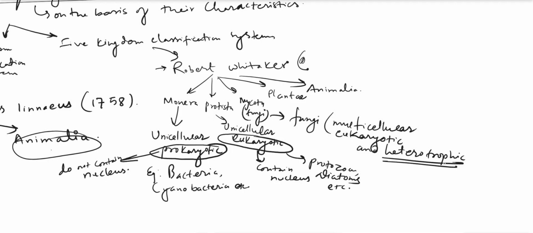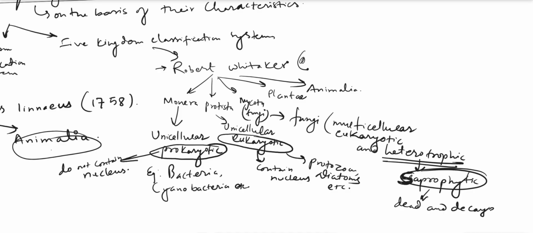Heterotrophic means depending upon others for their food, and among heterotrophs they are saprophytic. Why are they saprophytic? Saprophytic means those organisms which depend upon dead and decayed organisms for their food.